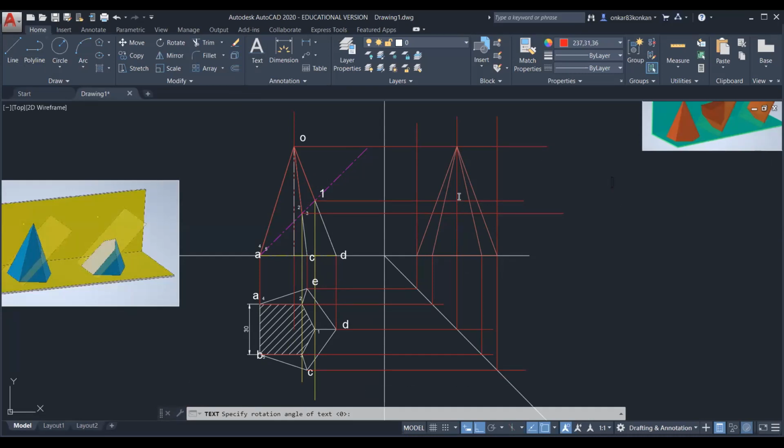So this is the point 1 in the side view, then this is 2, and this is 3.